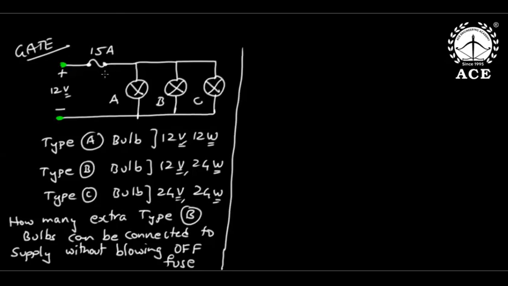If the fuse current reaches 15 or greater than 15, it will blow, but until 14.999 it will survive. Once it reaches 15 or more, it will burn. So how many extra type B bulbs can be connected to the supply, in parallel, without blowing off the fuse? Shall everyone do it?